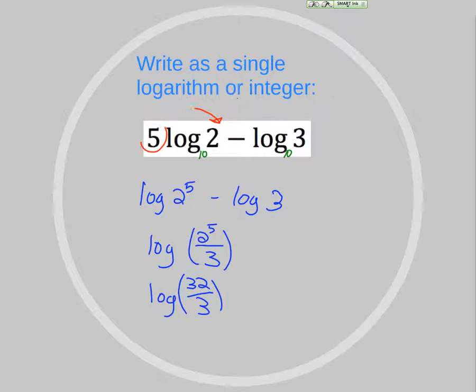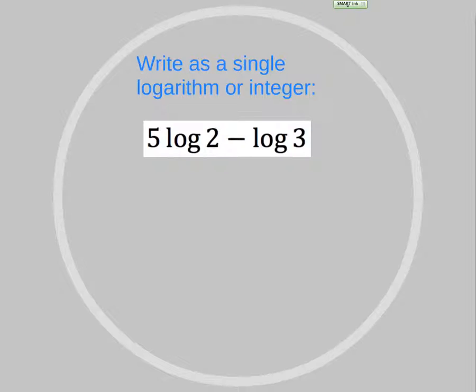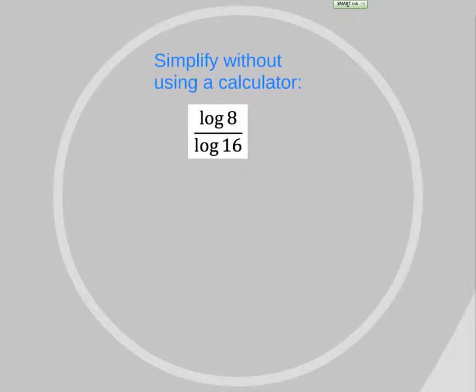All right, so the directions are different, and it does say simplify without using a calculator. So I don't want you to take your calculator and pop that in there. What we want to do is try to simplify it by hand. When we see a fraction like that, I'm thinking that maybe down the line something will cancel out.